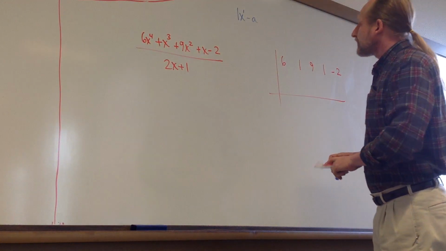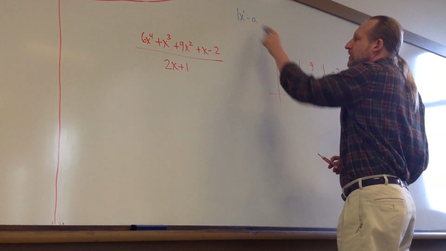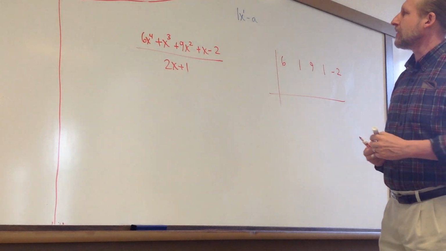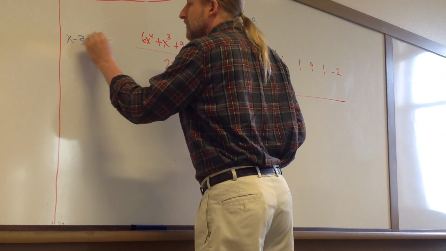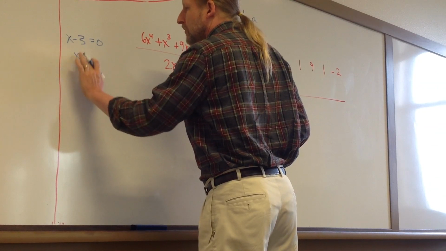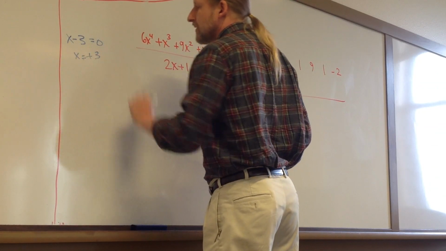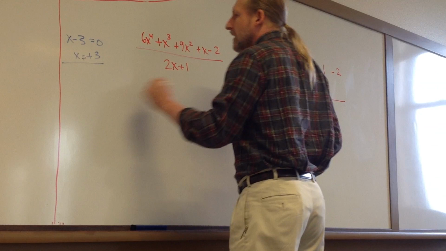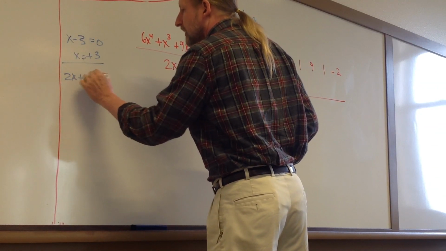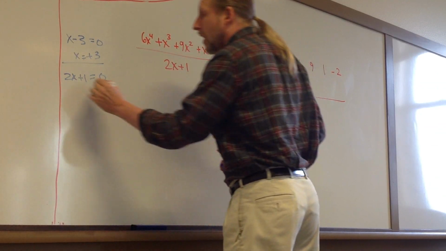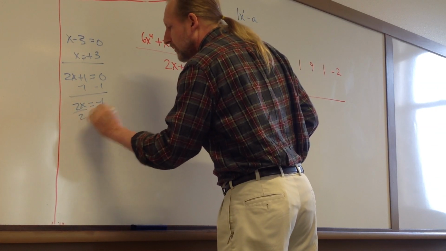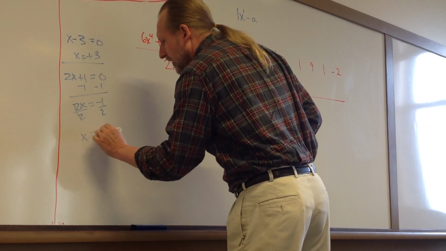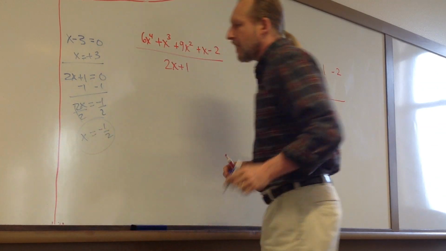Okay? So, remember that we always change the sign for this thing when we were going to divide here, right? So if we were dividing by x minus 3, we used a positive 3 in the synthetic division. Here, if we want to do the synthetic division with 2x plus 1, we can do this if we use negative a half.